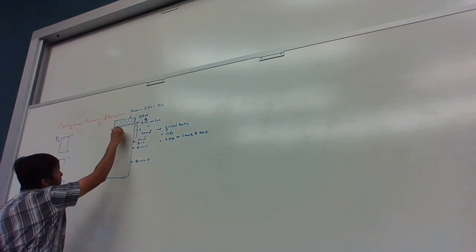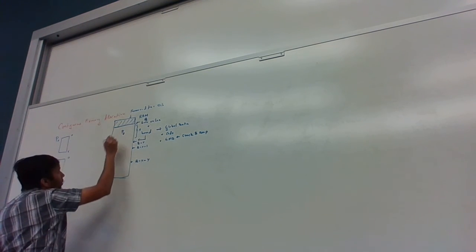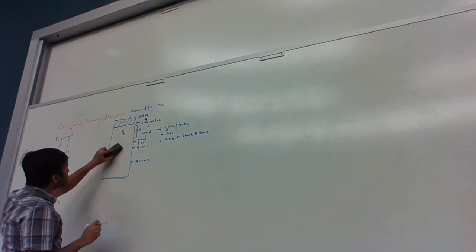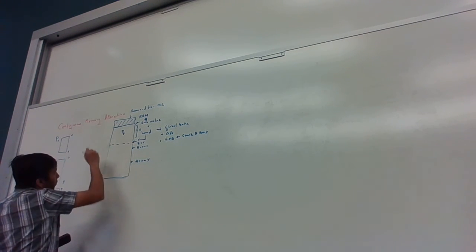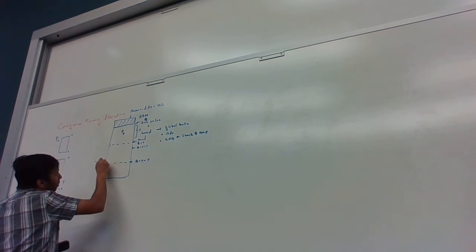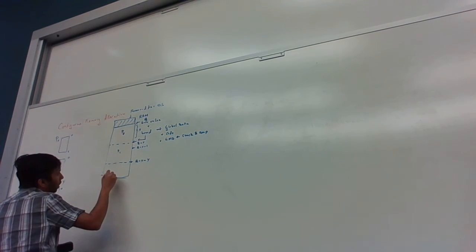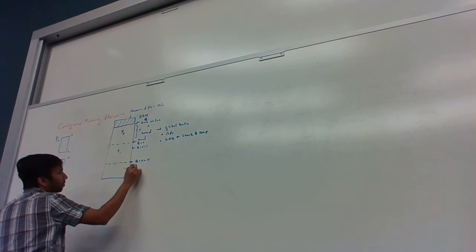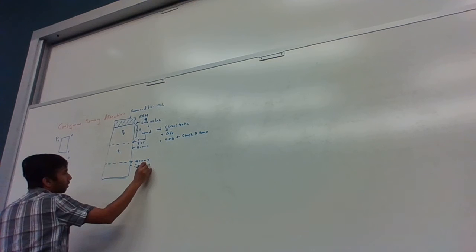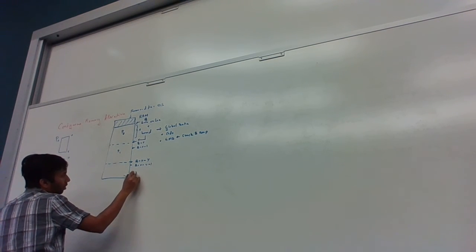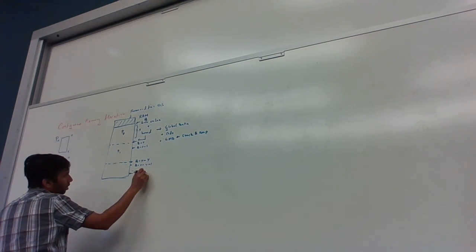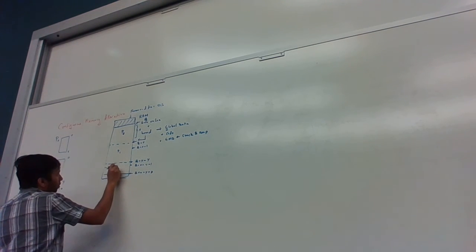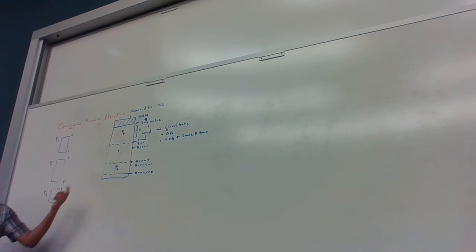This is P0's memory, this is P1's memory, and if P2 is z, then P2 will start from q plus x plus y plus 1 and end at q plus x plus y plus z. That is P2's memory. So this is contiguous memory.